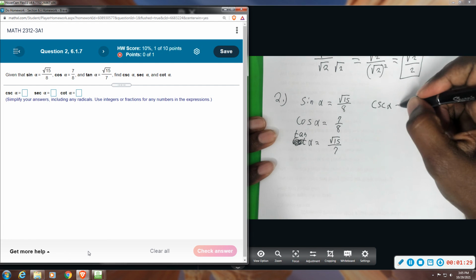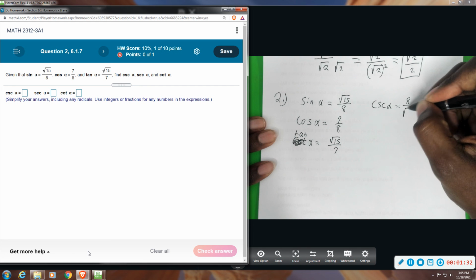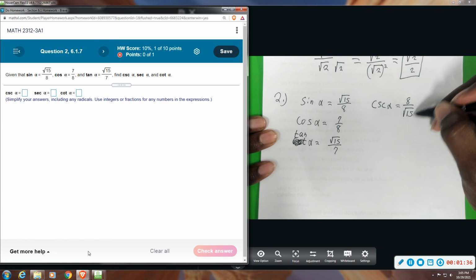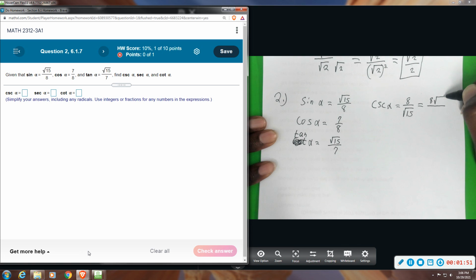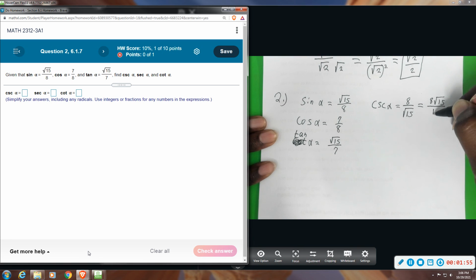So this would be 8 over the square root of 15. Now remember, we don't like square root on the bottom, so the simple way to think about rationalizing the denominator: you're multiplying the square root of 15 on top and bottom, but what happens as an end result is the top term gets multiplied by that square root term, and the bottom term just loses its square root.